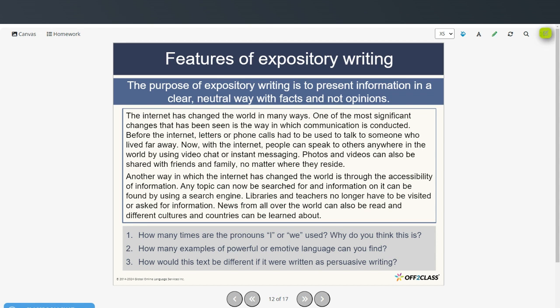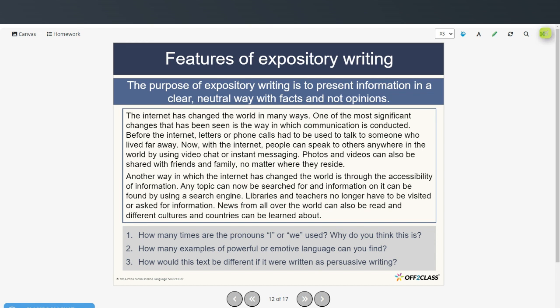And how many examples of powerful or emotive language can you find? I'll take a few moments and look for that. So again, there's not a lot of emotion in this. It's just a clear, neutral statement of facts.